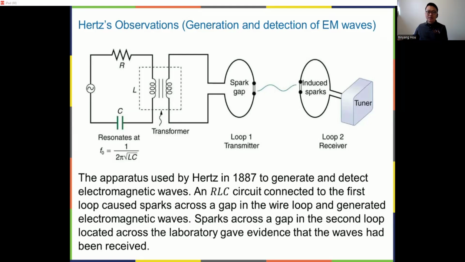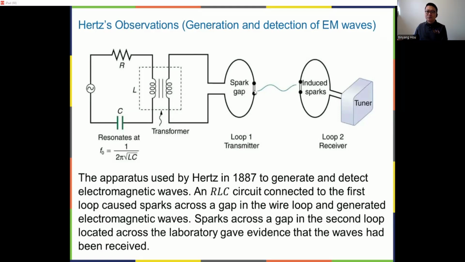That's the symbol for a transformer, this coil, and there are spark gaps here. This is a type of RLC circuit because it has an AC power source. Then you generate an AC signal at these two points. Sometimes you would have a positive on this side and a negative on this side.